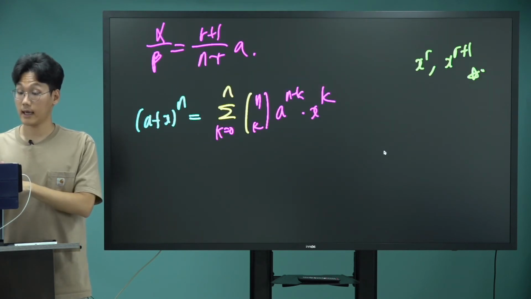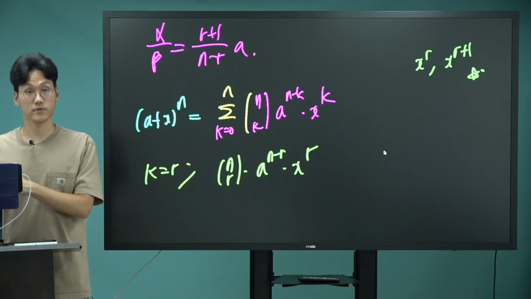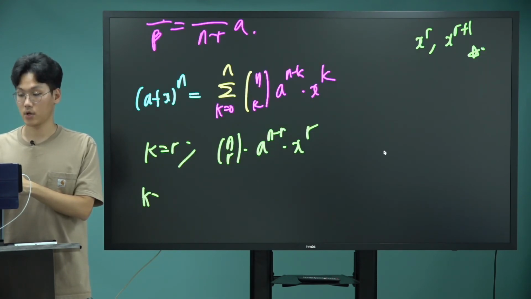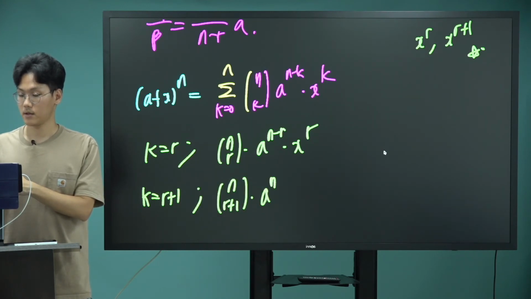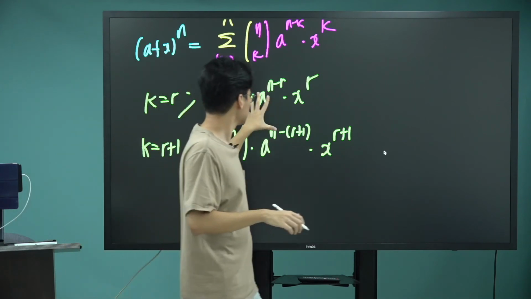So when k is, for example, r, then your term would come out as n choose r, a to the power of n minus r, x to the power of r. That's the coefficient of the x to the power of r. When k is r plus 1, then it's going to be n choose r plus 1, a to the power of n minus r plus 1 times x to the power of r plus 1 is what I have.